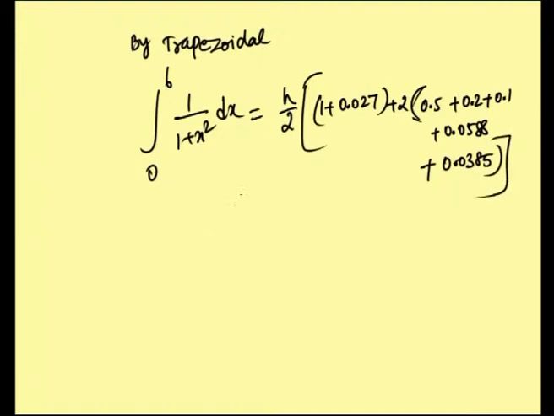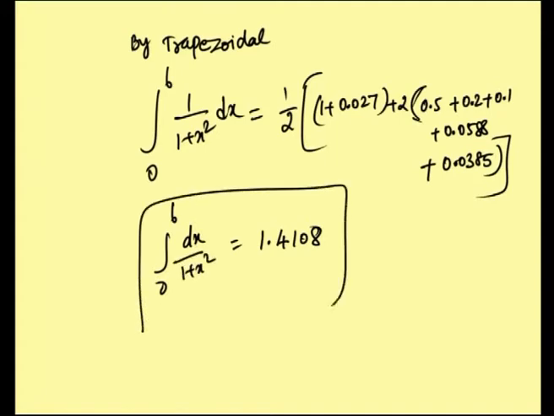And h is here 1, isn't it? The calculated value comes to be equal to 1.4108. So, integral 0 to 6 dx by 1 plus x squared is 1.4108 by the trapezoidal rule.